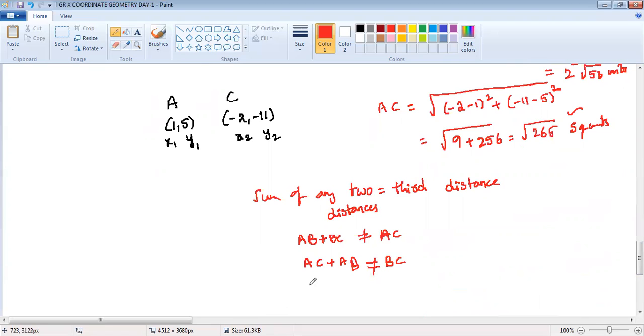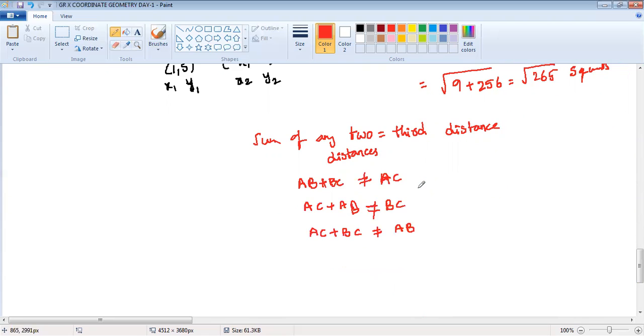Next one, AC plus BC is not equal to AB. From these, we can say that the sum of any two is not equal to the third one. Then we can say, yes, the given points are not collinear. That is what you have to state.